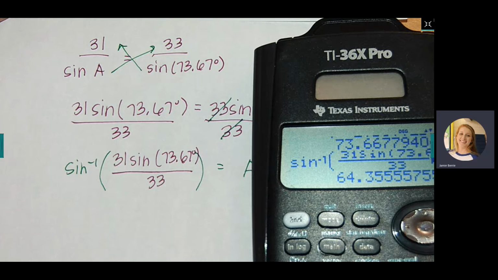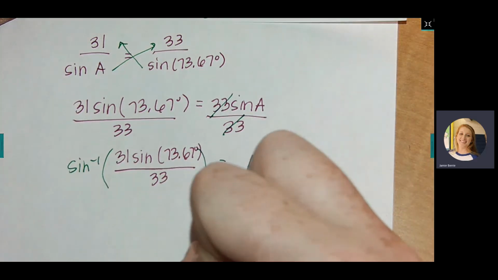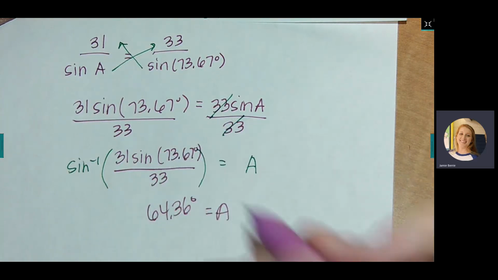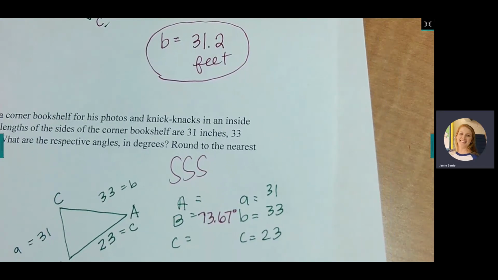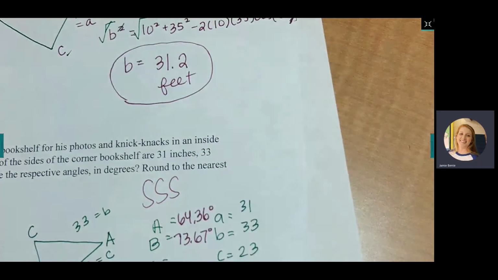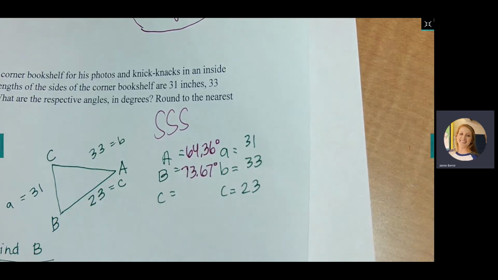So that'd be 64.36. Okay, so go back to the table, fill that one in. All right, and then subtract those from 180 to get your last angle.